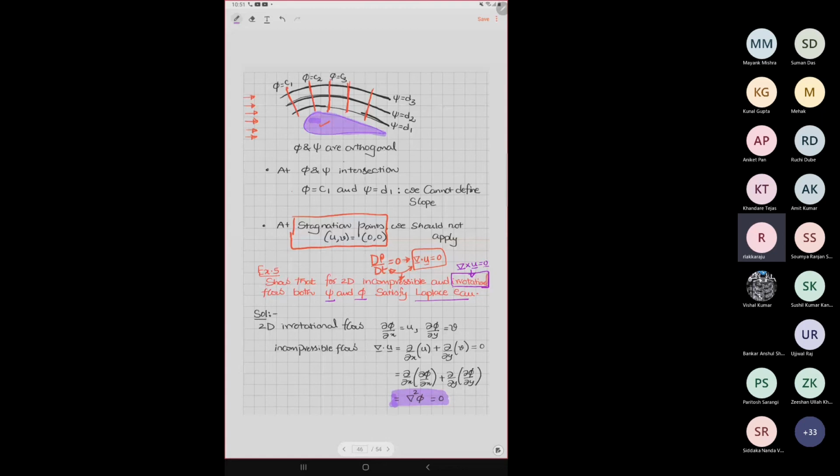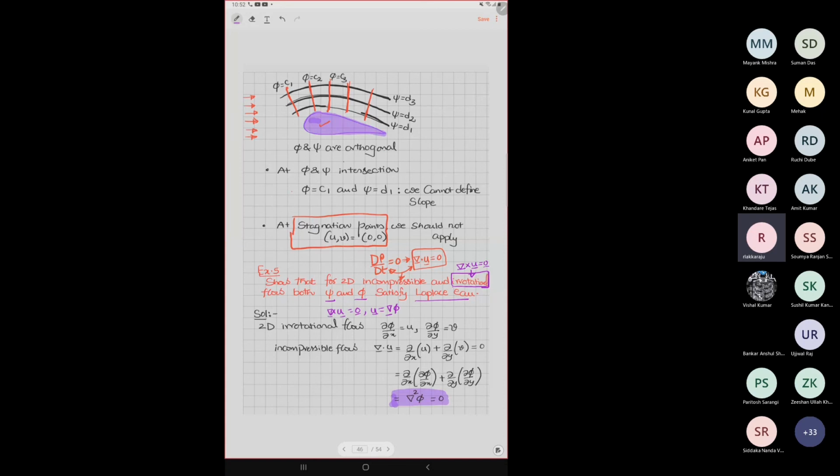And this has another advantage in terms of solving fluid mechanics problems on a computer. So, 2D irrotational flow. Irrotational means you can always write del cross u is equal to 0. That means we can always write it in terms of a scalar potential, del phi.